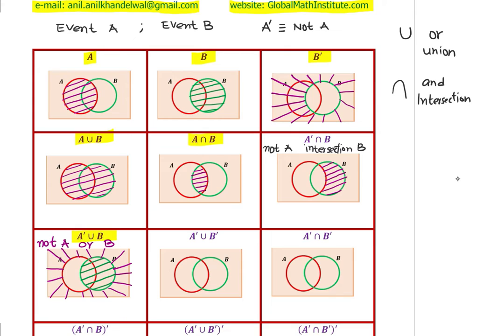Correct? Sometimes it becomes helpful to actually name the regions and then describe them. So we'll do that part also. Now let us continue and shade the other Venn diagrams. Let us do what is union of not A and not B. So outside A and outside B union.